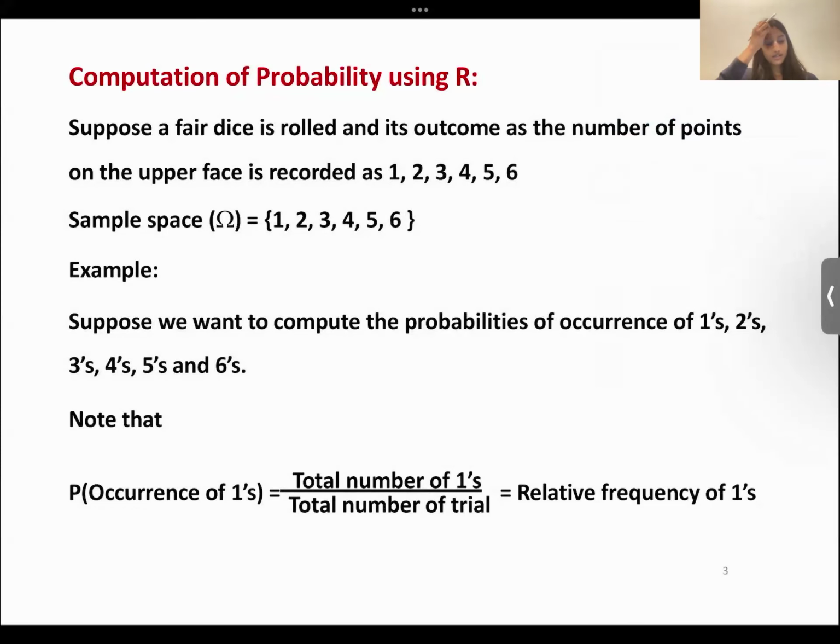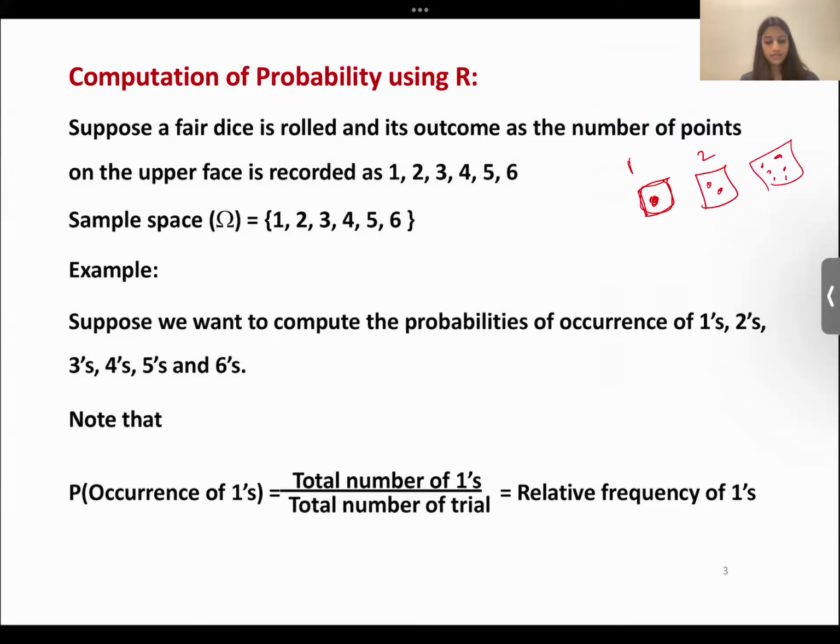In this example, suppose a fair dice is rolled and its outcome is the number of dots on the upper surface of the dice. When there is just one dot, the event is one, when you have two dots, it's two, and so on up to six dots.